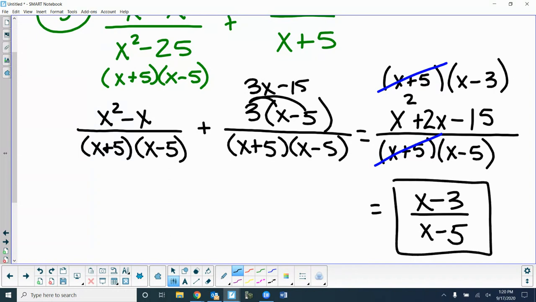Okay, so that one did simplify. So always check that after you add or subtract. Questions? Making sense?